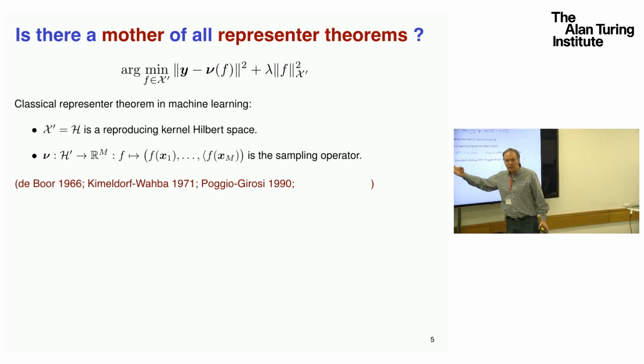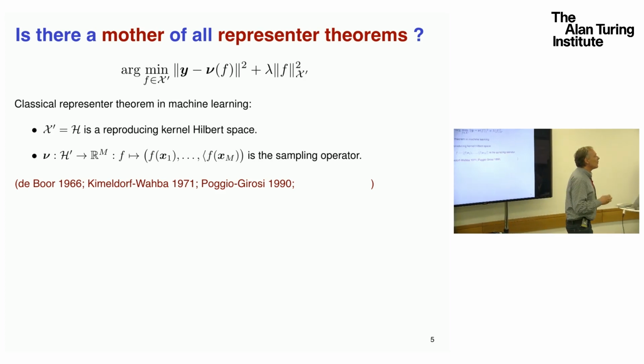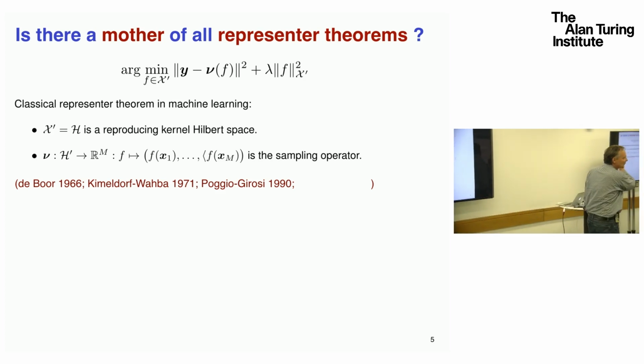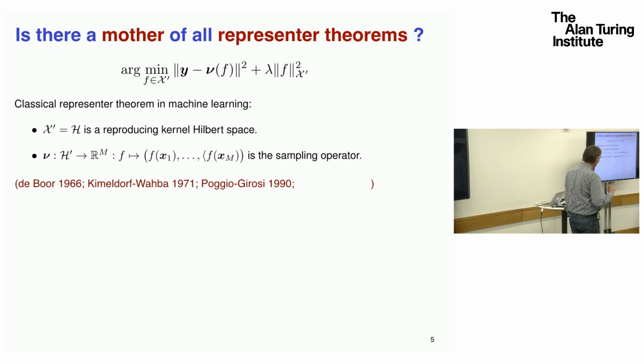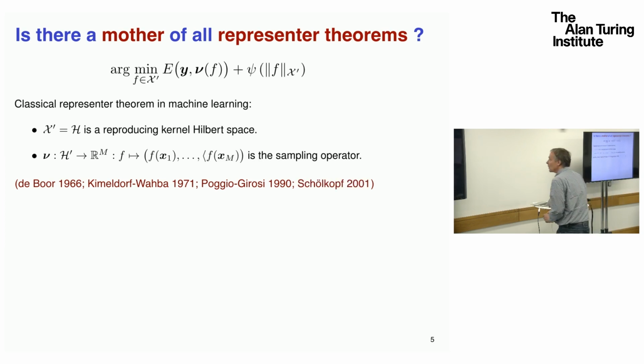Maybe for those who don't know, I think the precursor of those methods is really Carl de Boor, because in a paper in '66, he used this formalism of reproducing kernels to solve some spline problems, and he had all the machinery there already.